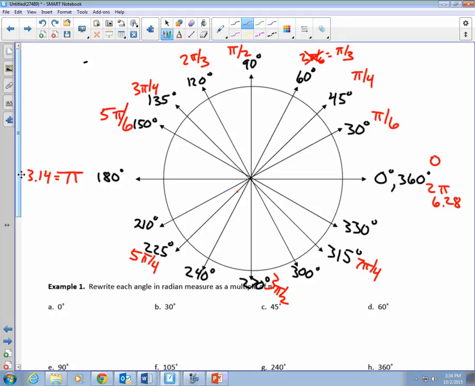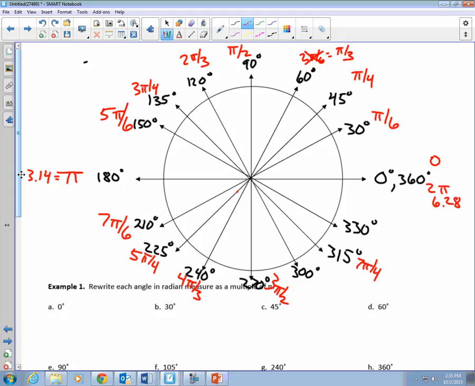After 5 pi over 6, 6 pi over 6, which is just pi. After 6 pi over 6, we have 7 pi over 6. After 7 pi over 6, we have 8 pi over 6, which is 4 pi over 3. After 8 pi over 6, 9 pi over 6.